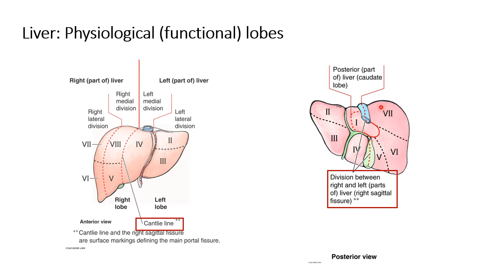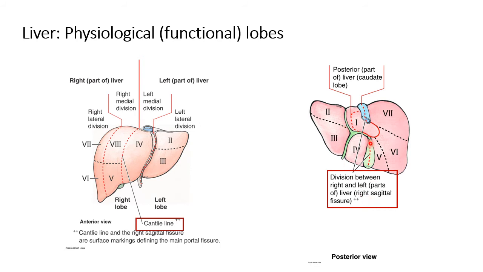If you go posteriorly, this is the same line that passes through the gallbladder until it reaches the inferior vena cava, but it shifts a little bit to the left in the caudate lobe. So this is the line that divides the liver posteriorly into right and left physiological lobes.